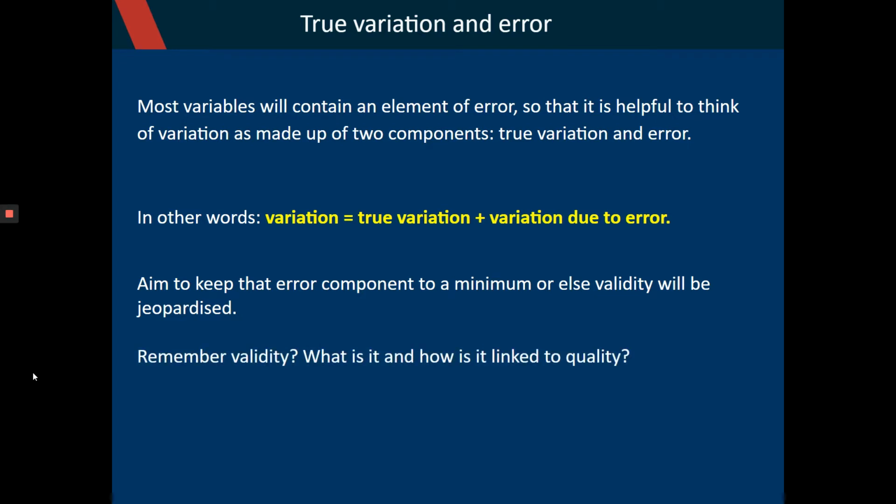And remember what validity is. Reducing that error helps us get valid data on our topic, where validity is understood to be: are we asking the right question? Does our data measure what we are looking to measure?